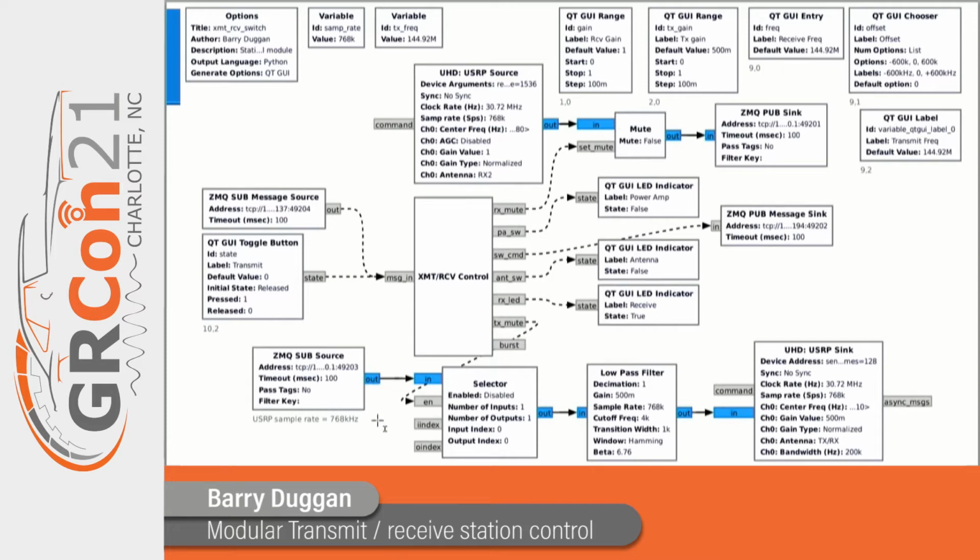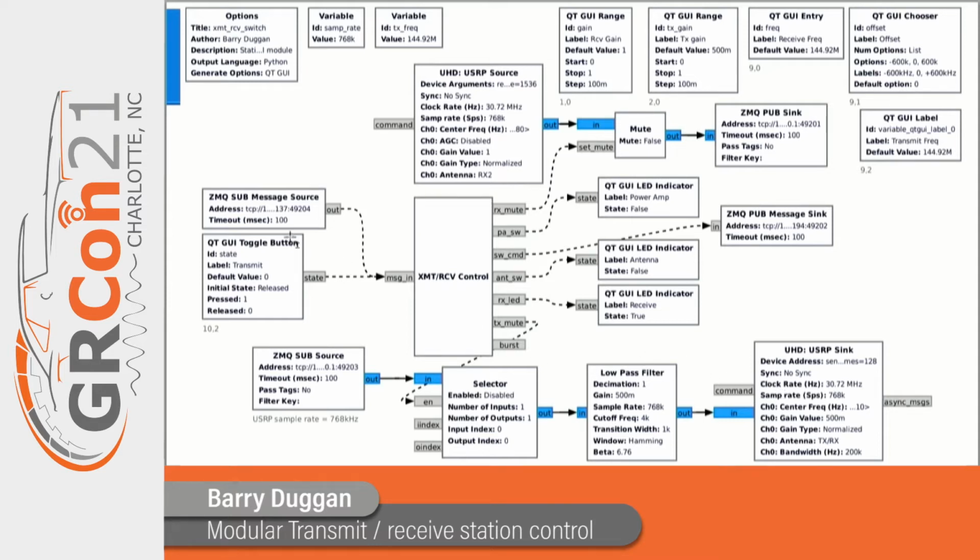On the transmit side, I needed something that actually stops the output, and the selector will do that. When I disable the selector, the output is nothing rather than being a stream of zeros, and that causes the USRP sink to stop transmitting.